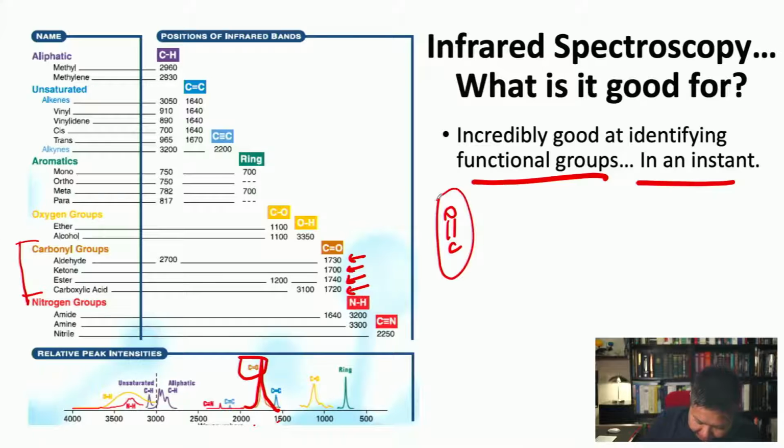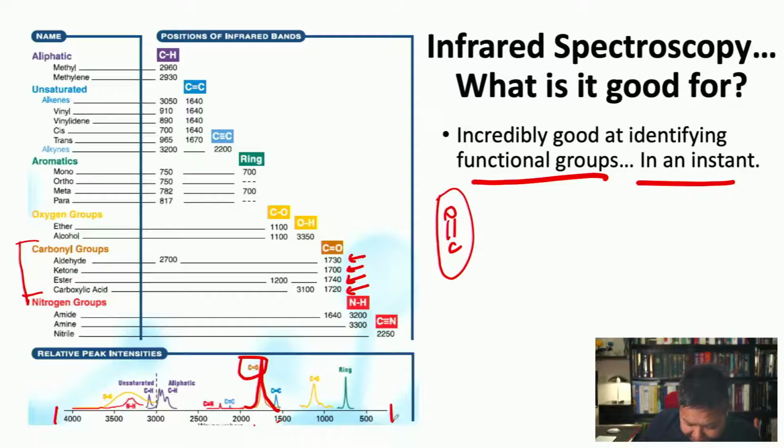And I forgot to say that the x-axis on an infrared spectrum is in wave numbers. Wave numbers are the inverse of centimeters, so inverse centimeters. You'll see that in just a second too.